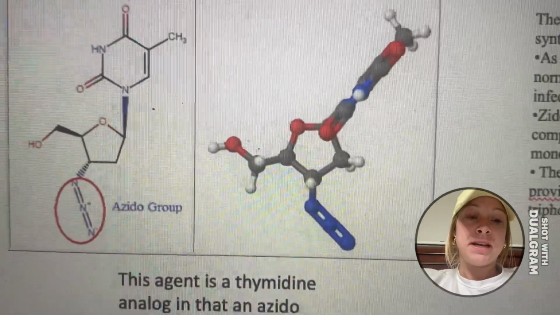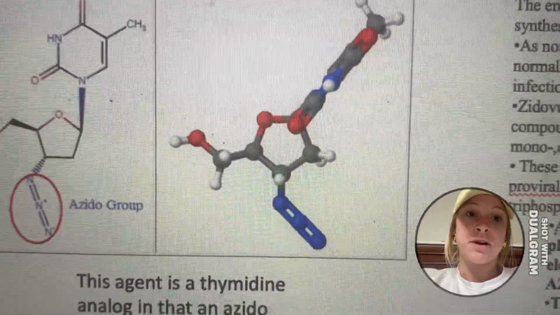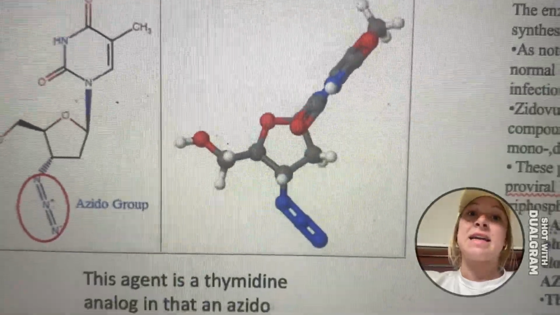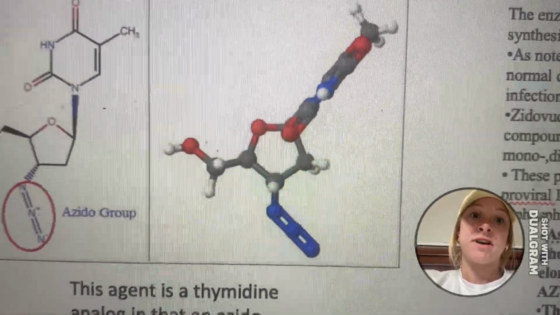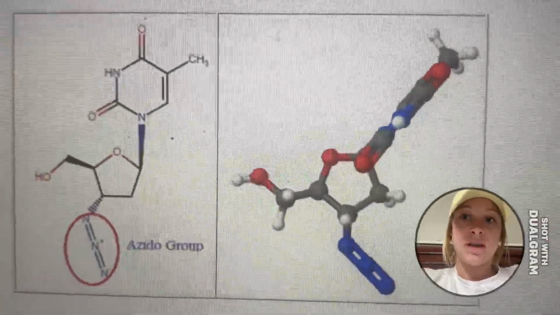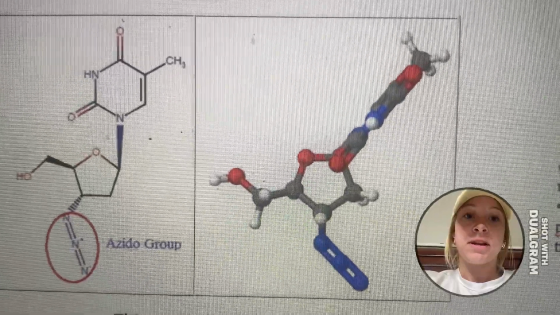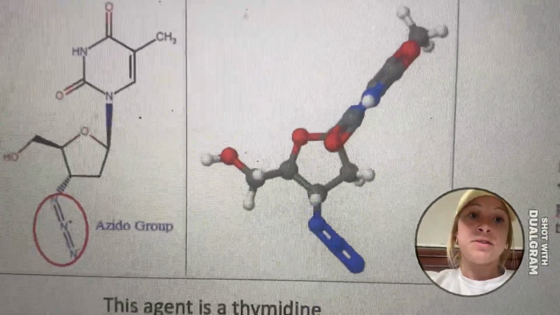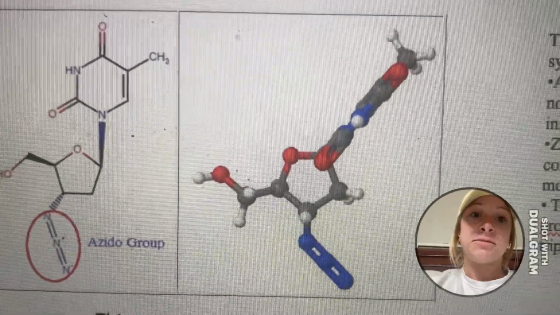AZT may be classified as a prodrug in that the parent compound is converted by host cell thymidine kinases to 5' mono, di, and triphosphate derivatives. These phosphorylated derivatives are then incorporated into proviral DNA, since reverse transcriptase uses AZT as a substrate.